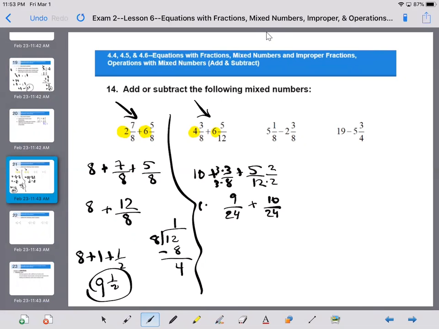And 9/24ths and 10/24ths would be 19/24ths. Plus the 10, so 10 and 19/24ths.